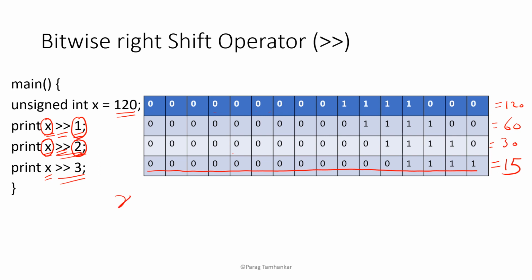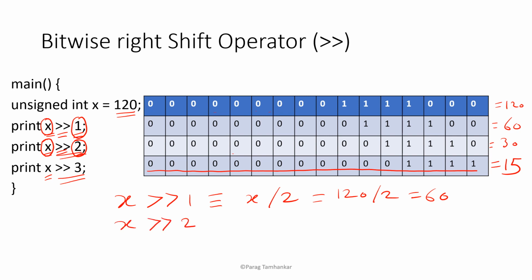So you realize that right shift by 1 is equivalent to divide by 2. What was our x? x is 120 divided by 2, which is 60.